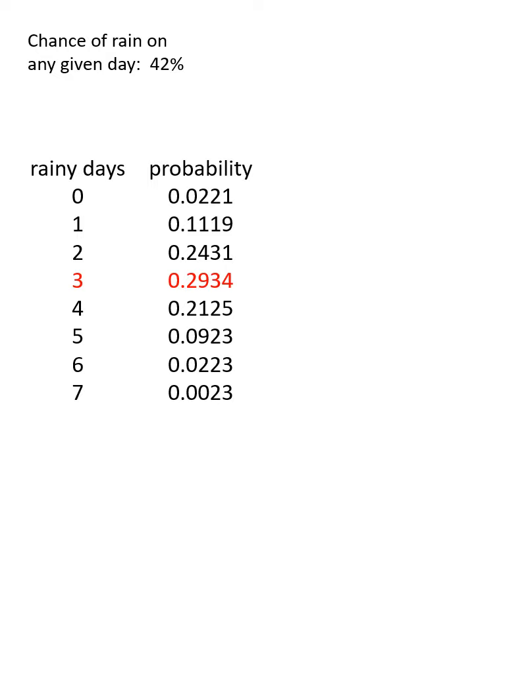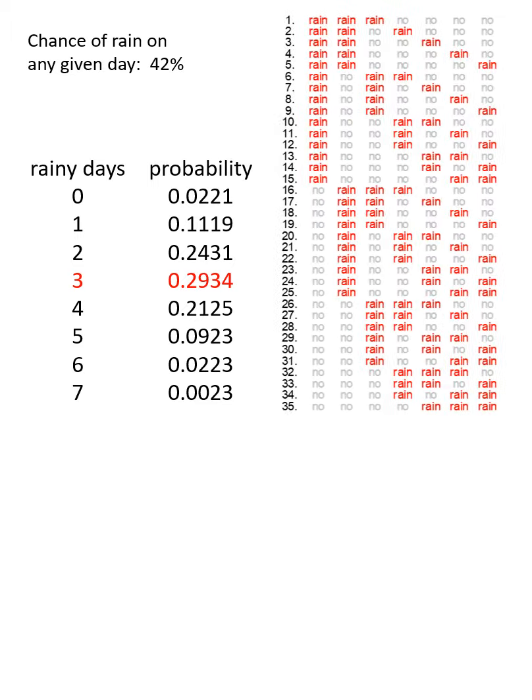And you can see, just based on how many possibilities there would be, this is not going to be a simple calculation. So what I did, for starters, is I literally wrote out every possible 1 week long scenario here. And just to give you a few examples of what I'm talking about, look at line number 1.